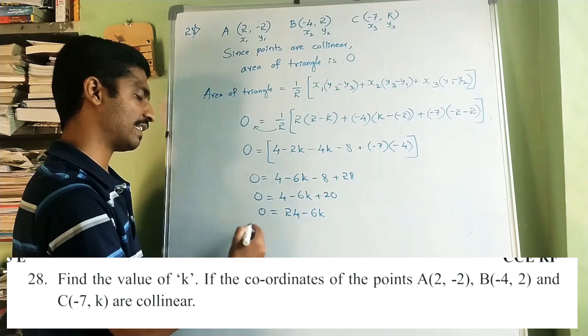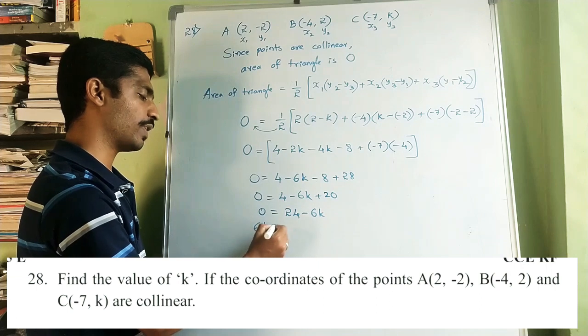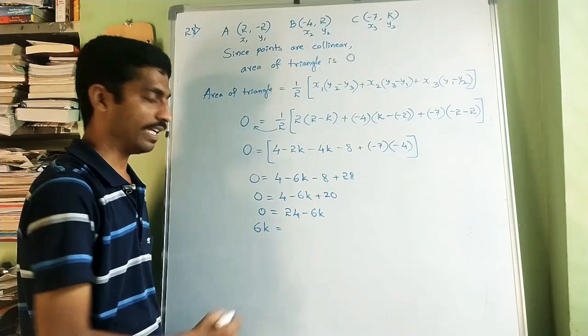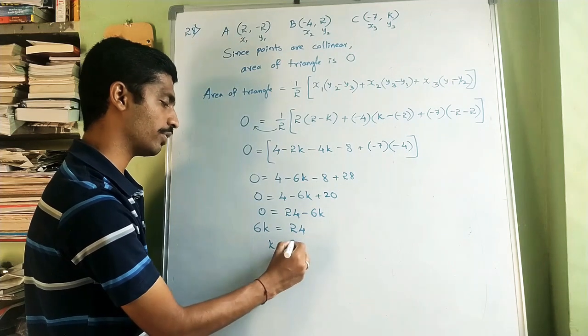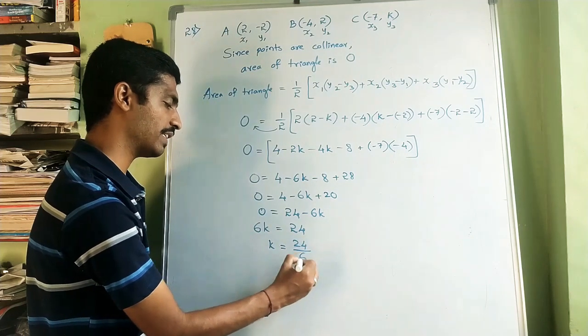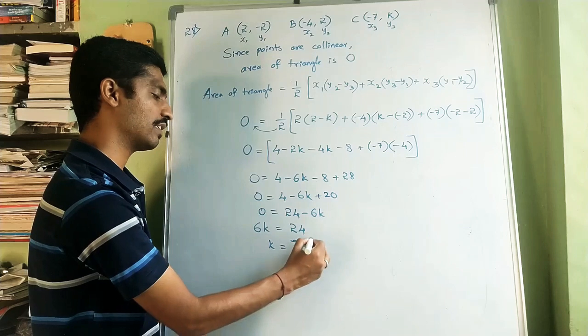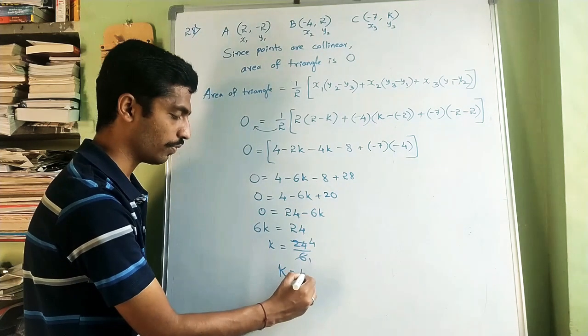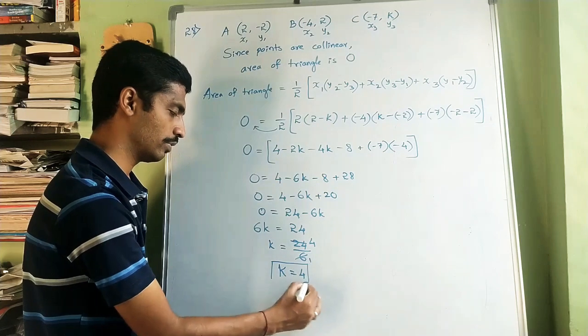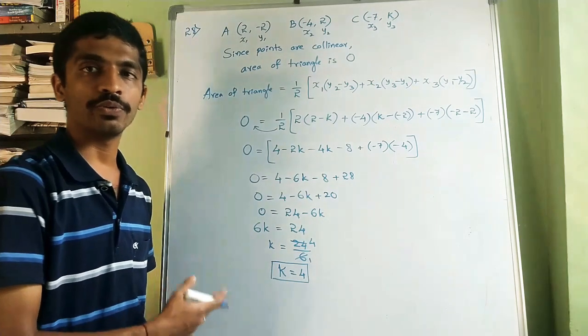So take this minus 6k to this side, it becomes plus 6k equal to 24. So k equal to 24 divided by 6. 6 fours are 24. So k equal to 4. So the k value will be 4.